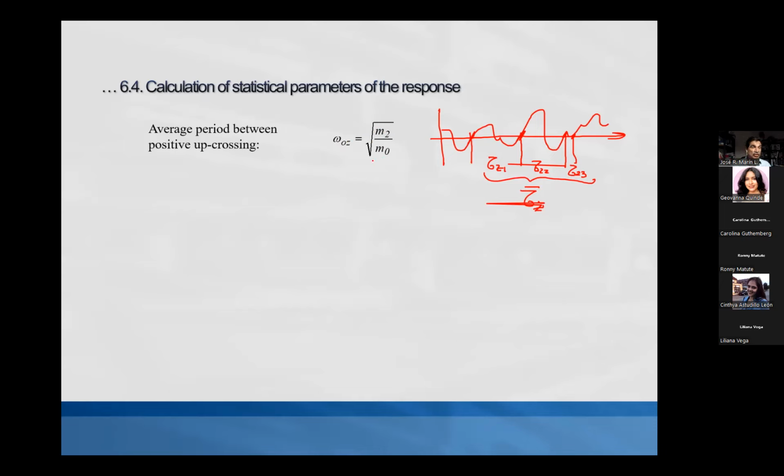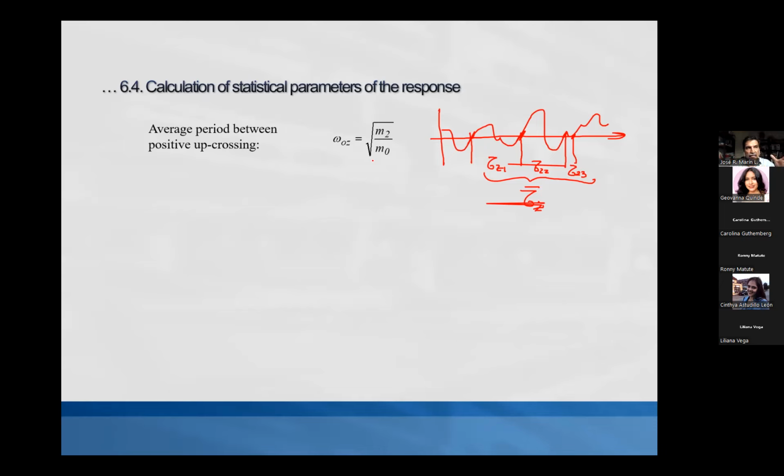When we go to the extreme and the two are the same, that means that basically you have a harmonic motion. In a harmonic motion, the distance between crests is the same as the distance between upcrossings. So that's an extreme case. In general, we don't have that, so there's going to be some difference, but we could calculate both with M0, M2, and M4.